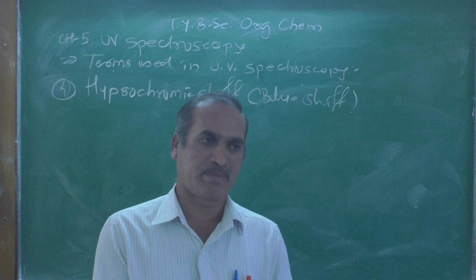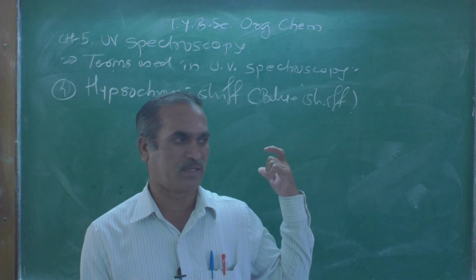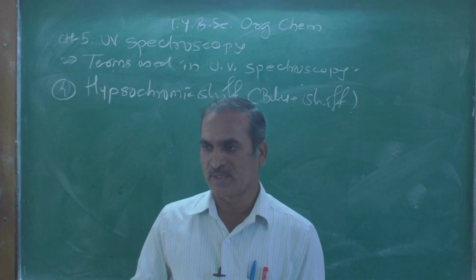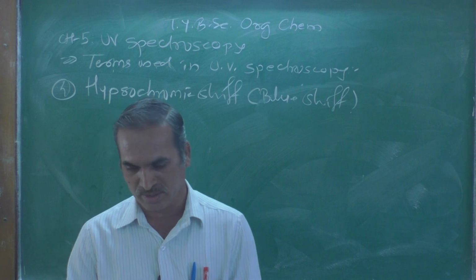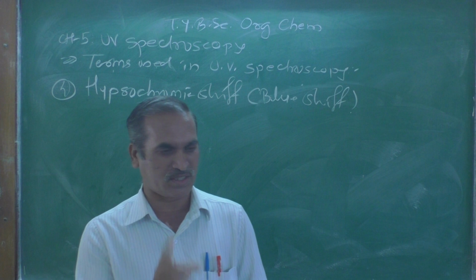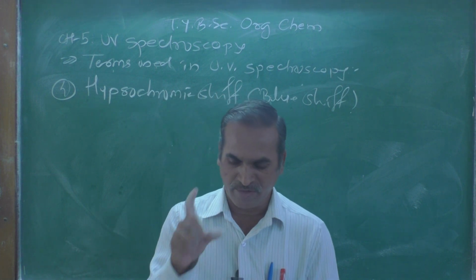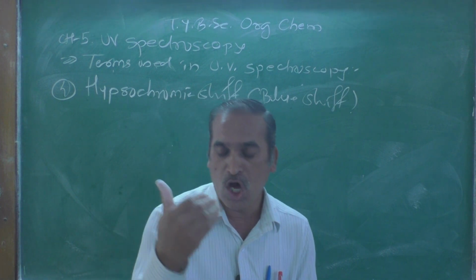If you remember, previously we saw the bathochromic shift, and the hypsochromic shift is against it, meaning they are opposite to each other. In the previous case, while defining the bathochromic shift or red shift, we defined it as absorption to a longer wavelength.